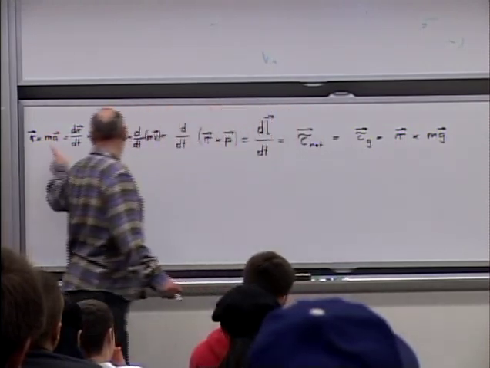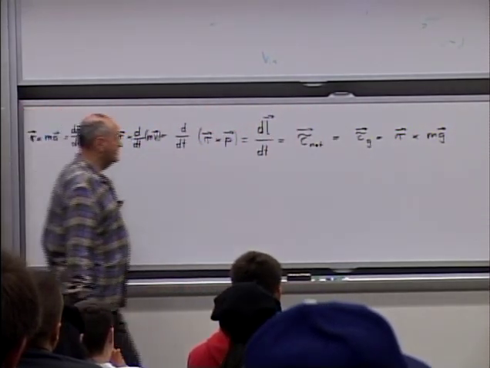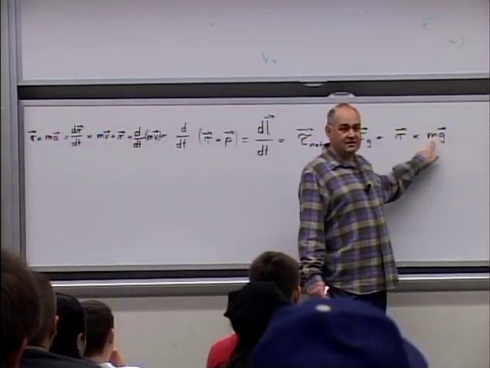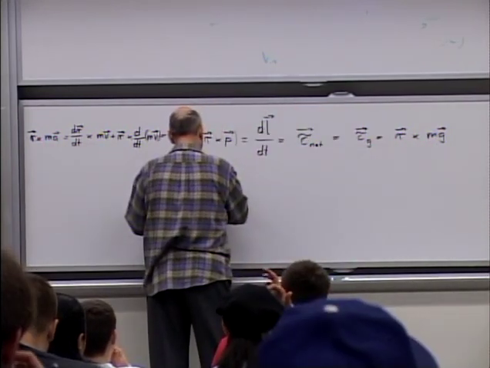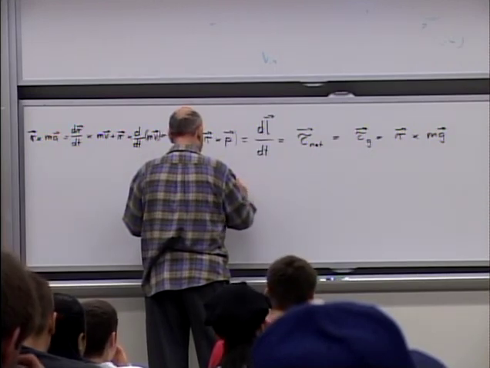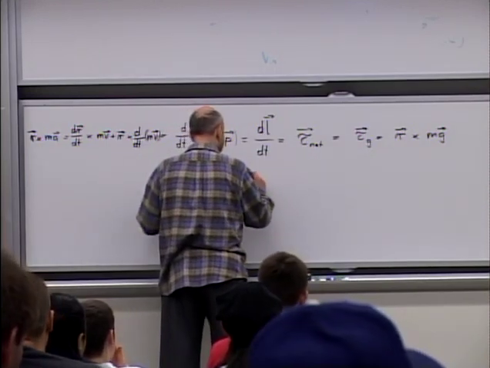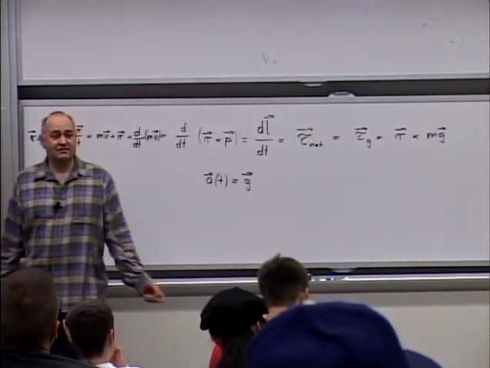And I see that I have m over here, and I have m over here. My conclusion is that acceleration of the falling particle is equal to acceleration due to gravity.